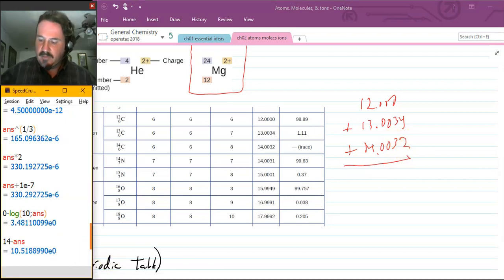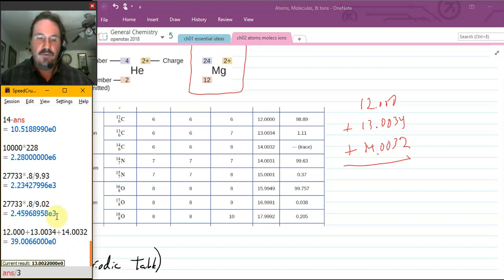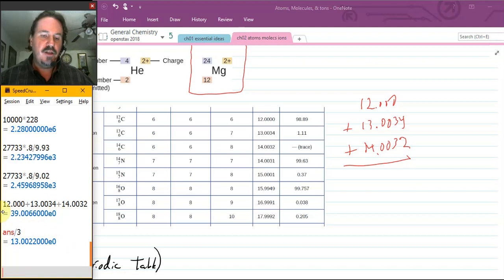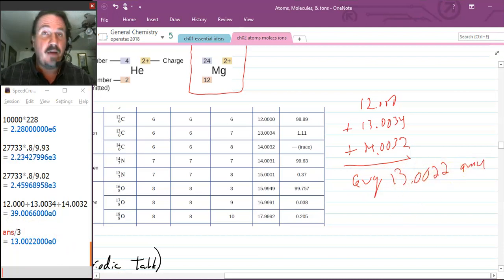Let's punch that in on my calculator: 12.000 plus 13.0034 plus 14.0032 is 39.0066. Divide that by 3, and I would get 13.0022. So that average is 13.0022 AMUs.